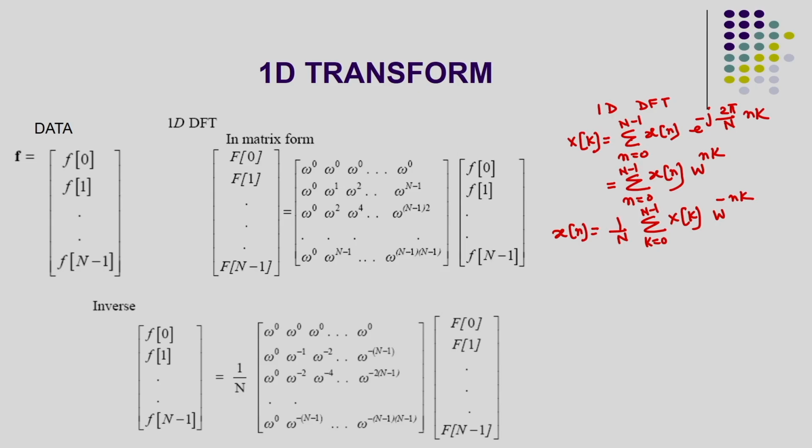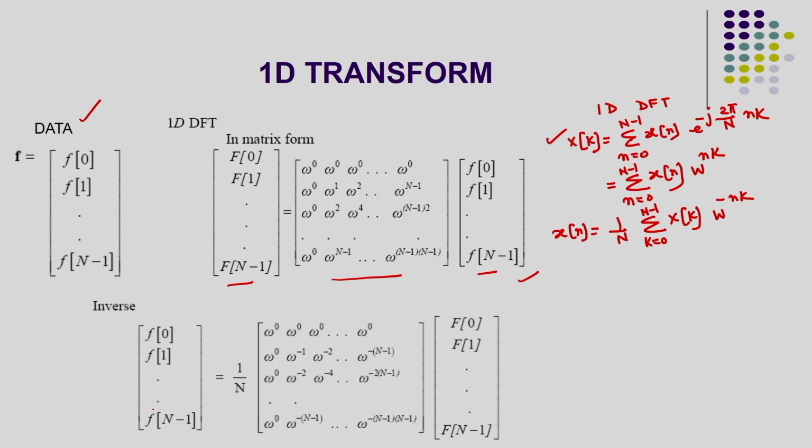So in this case I am considering the data vector and the 1D DFT in the matrix form, which I can write like this. This is the DFT I have already defined, and in the matrix form I can represent it like this. This is my transform data, this is the transformation matrix, and this is my input data.